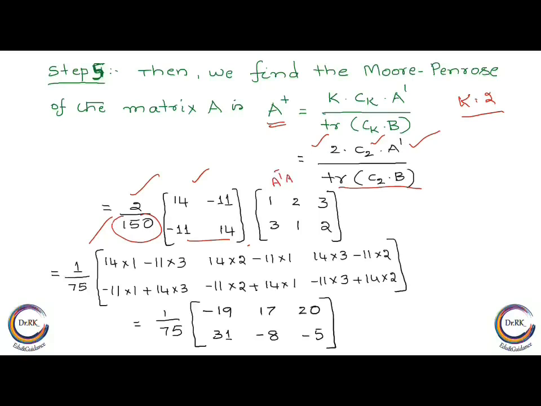Now 1 by 75, just multiplication, this with this gives, and this with this will get second one, right? So this row with this column will get this. Similarly, minus 11 and 14, if we do with this column, we get this. Now this with this will get, and this with the last column will get this. So this is what we get, right?